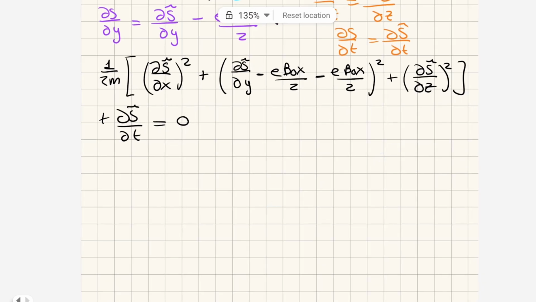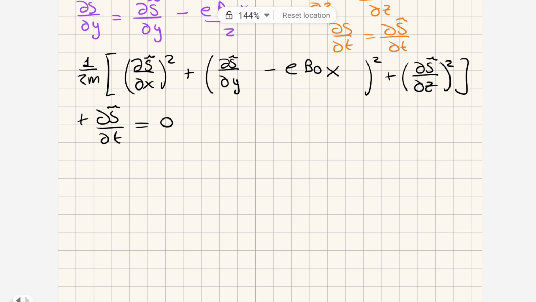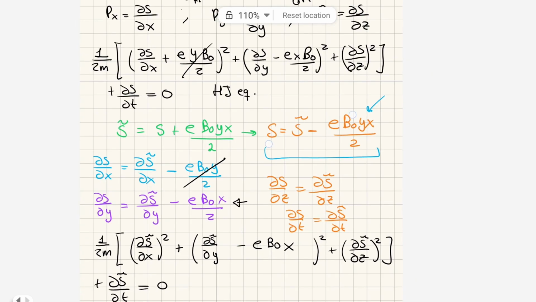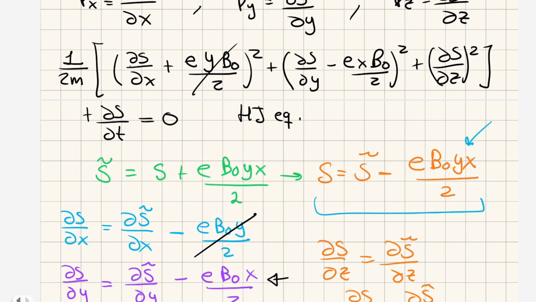Well, it is very easy to notice that this quantity is only going to be minus e b0x, right? Perfect. So as you can see with this, we have a new equation that can be solved with the separation of variables method. In the first Hamilton-Jacobi equation here, recall that we have the derivative with respect to y, and then a function of x.